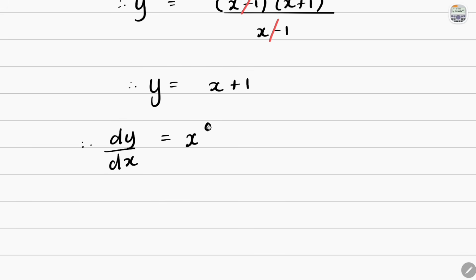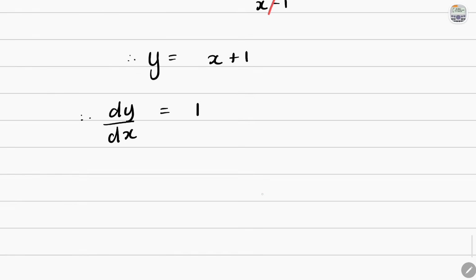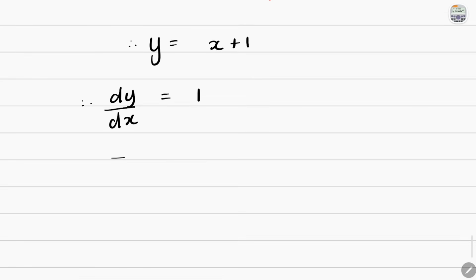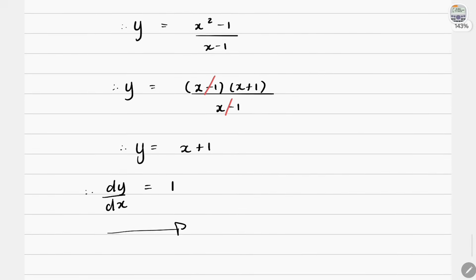And anything to the power of 0 is equal to 1. And you know that if you derive a constant, it gives you 0, okay? Because a constant is really just like a line. Y is equal to 1. This is a horizontal line, and the gradient of a horizontal line is equal to 0, and that's why it becomes 0. Okay, so dy over dx is equal to 1, and that is our answer.